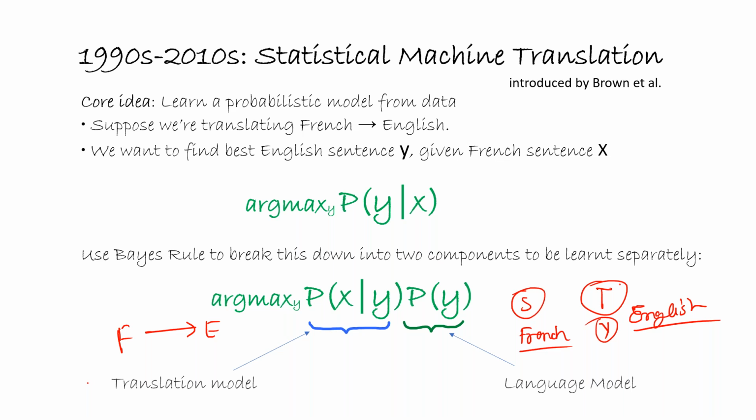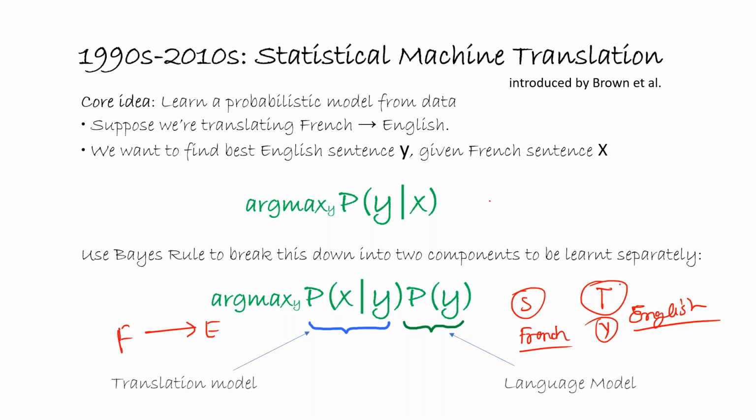If you see Brown et al. in the 90s, there was a famous paper for SMT, which got popular, and it primarily uses the argmax of a normal probability over sentences. So an English sentence. I'm repeating this because it's very important to understand, as we do a similar thing in neural machine translation in recent times.